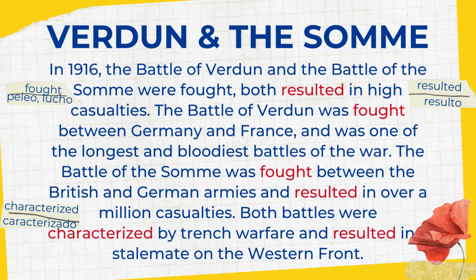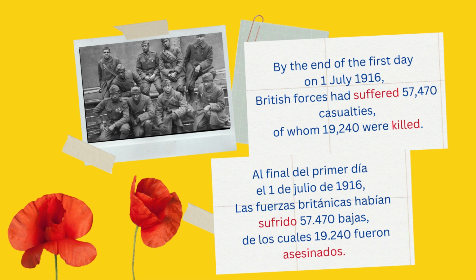The Battle of the Somme was fought between the British and German armies and resulted in over 1 million casualties. Both battles were characterized by trench warfare and resulted in stalemate on the Western Front.